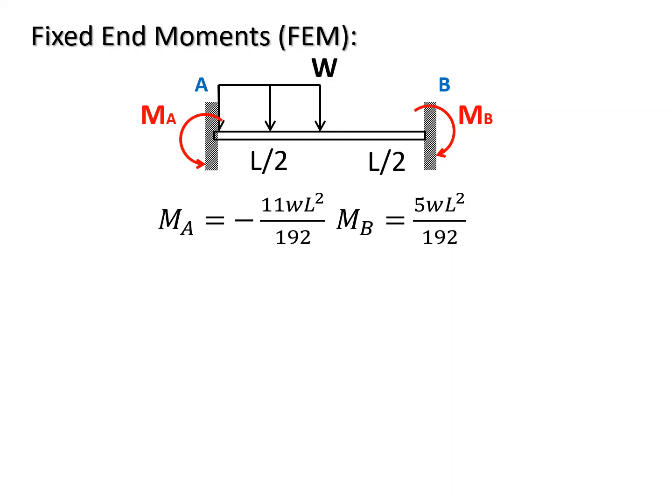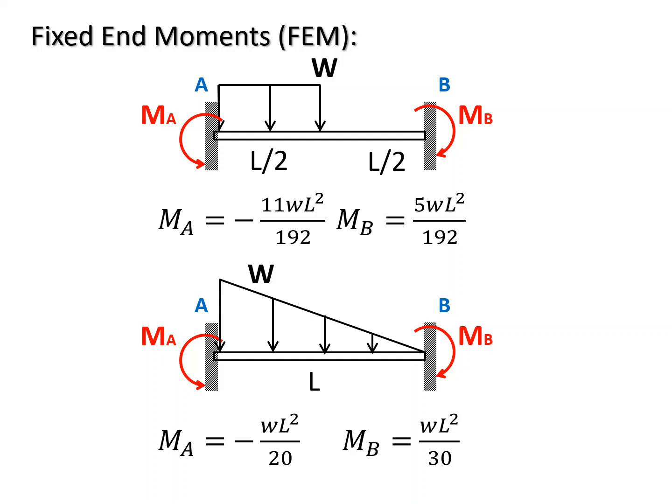And another example, for segment AB, there is a triangular loading. The maximum intensity of the triangular loading is at point A, so therefore it's now WL squared over 20. And on the right side, which is at the least portion of the triangular intensity, it's WL squared over 30.